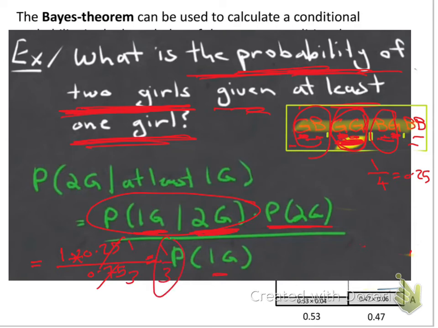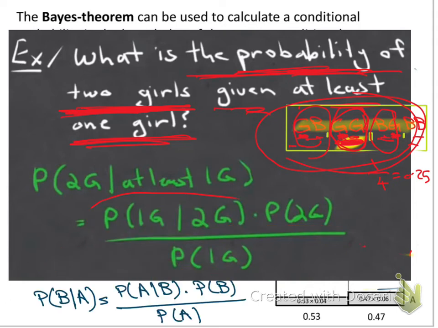And if you remember initially from here, if we want to check the probability of 2 girls given that I have at least 1 girl, from this logical way we can easily arrive that it is 1/3.